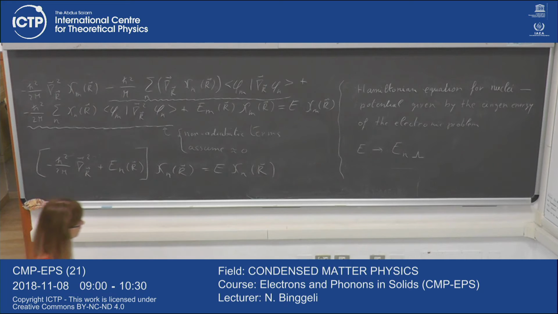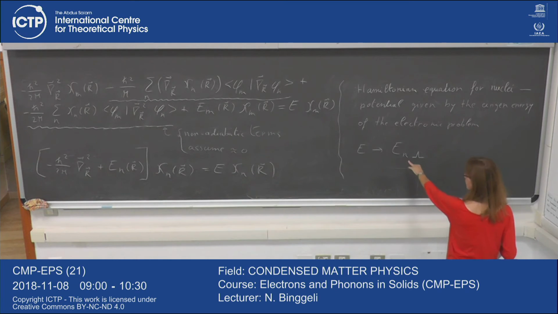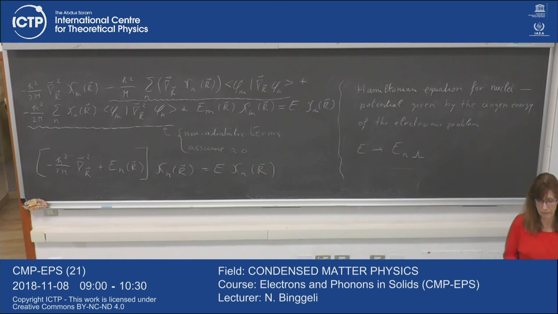So we have two quantum numbers related to the electronic part and to the nucleus part.